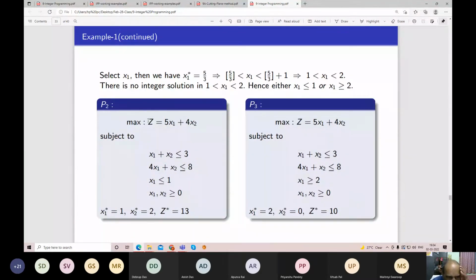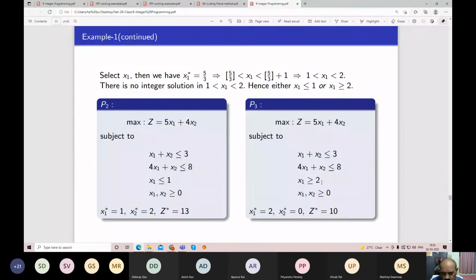P2, everything is same. We have added this extra constraint: x1 less than or equal to 1. What is P3? Same problem. We have imposed this constraint: x1 greater than or equal to 2. You can see everything is same. In the second problem P2, x1 less than or equal to 1 is included. In P3, x1 greater than or equal to 2.